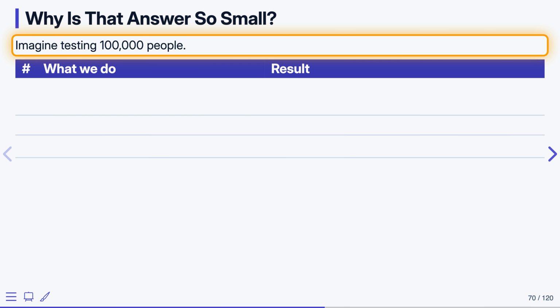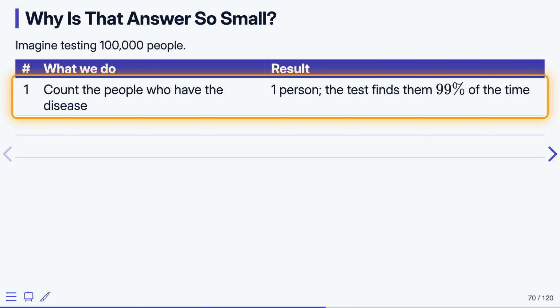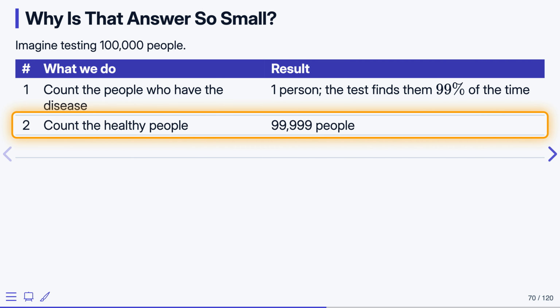Why is the answer so small? Let's count real people instead of using symbols. Imagine we test 100,000 people. Step 1. About one of them actually has the disease, and the test finds that person almost always. Step 2. The other 99,999 are healthy.